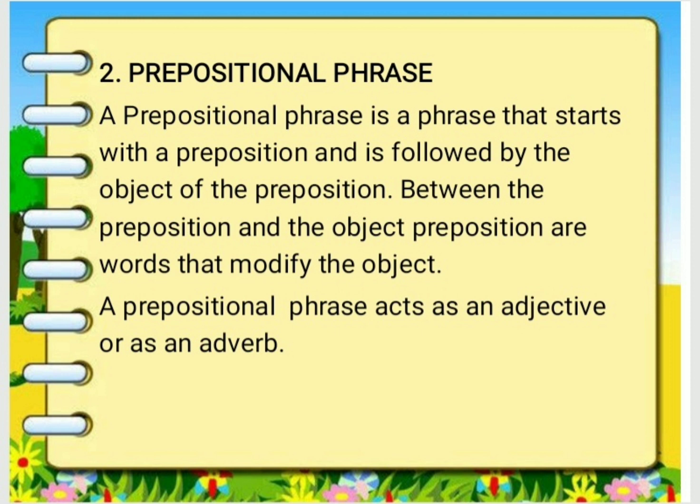We know that prepositions include at, before, on, above, across, after, and so on. So the prepositional phrase starts with a preposition and is followed by the object of the preposition.